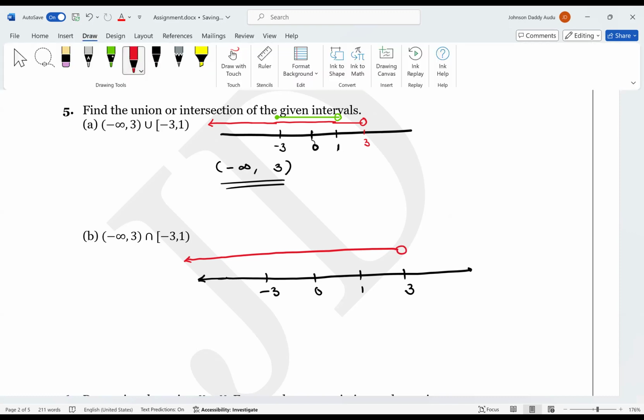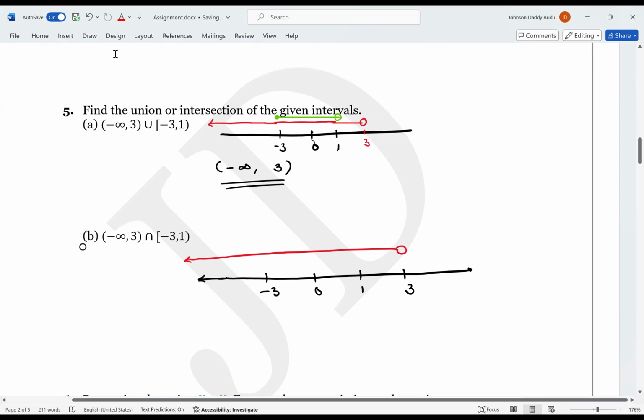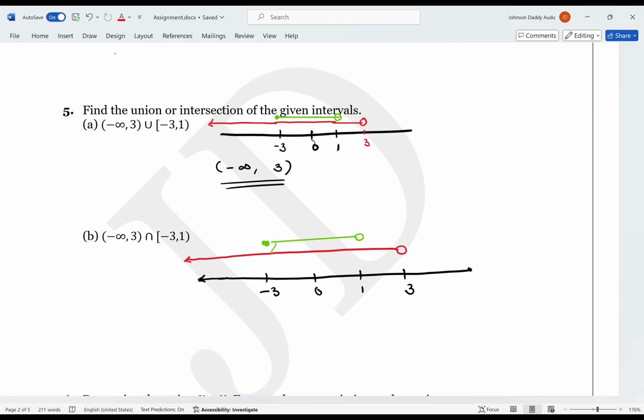The second one is from minus 3 closed to 1 open. Now we are looking for intersection. Since we are looking for intersection, what should we do? Just this part. So this is the intersection that we need.